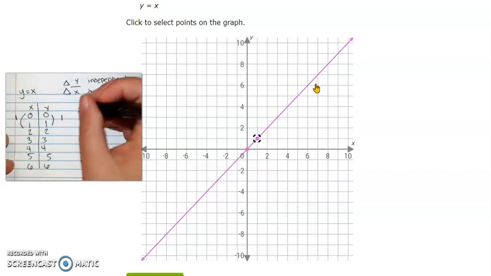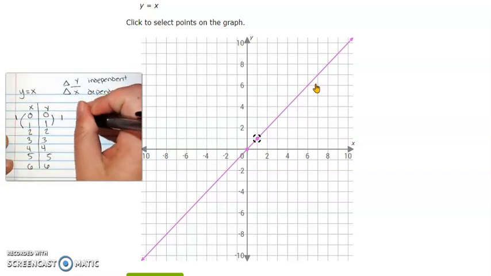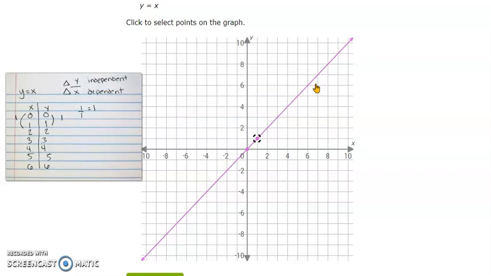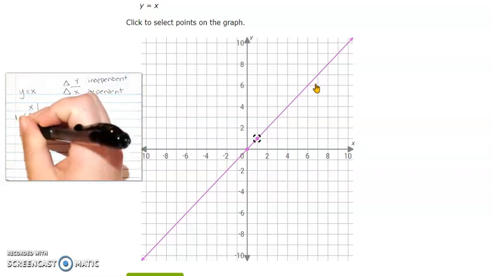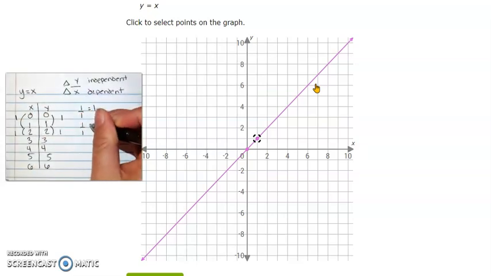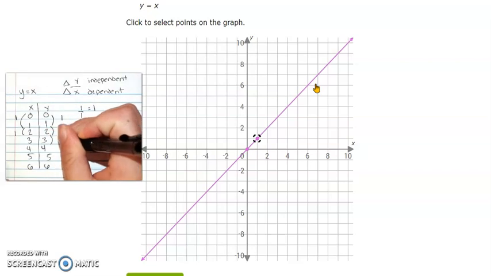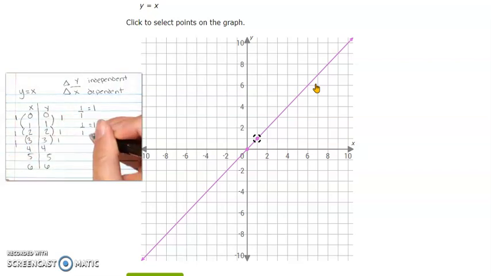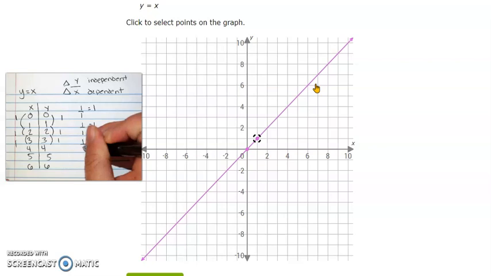This would be 1 over 1, which is 1. I keep going throughout my table: between 1 and 2, 1 over 1 equals 1. 2 and 3, 1 over 1 equals 1. So I know what I've got thus far is linear.